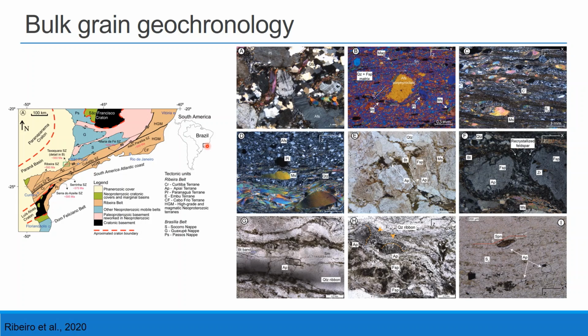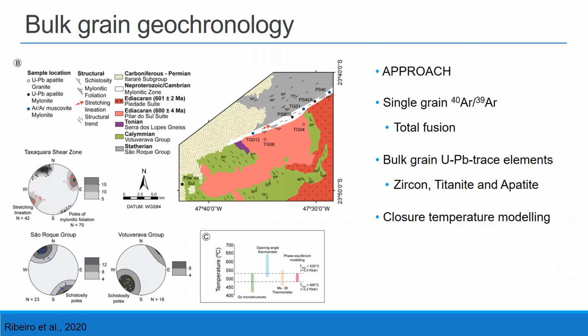So you have these SC fabric mylonites with nice mica fish, a lot of very complicated textures of mica deformation, and here you have the apatite. All the apatites have a very euhedral geometry, so they look like igneous apatite. So the idea was to understand if these apatites were thermally reset by deformation or not.